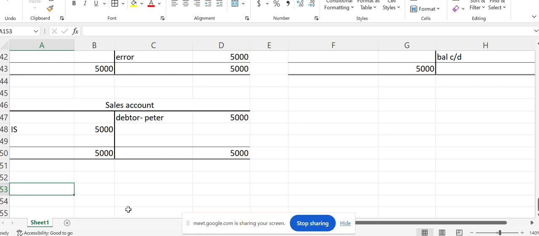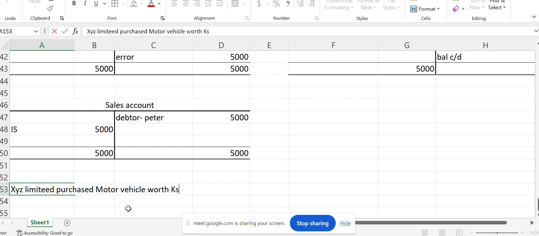I want you to tell me, if a company purchases a motor vehicle, tell me the two accounts that you're supposed to open. So let's say XYZ Limited purchased a motor vehicle worth 10,000 shillings.